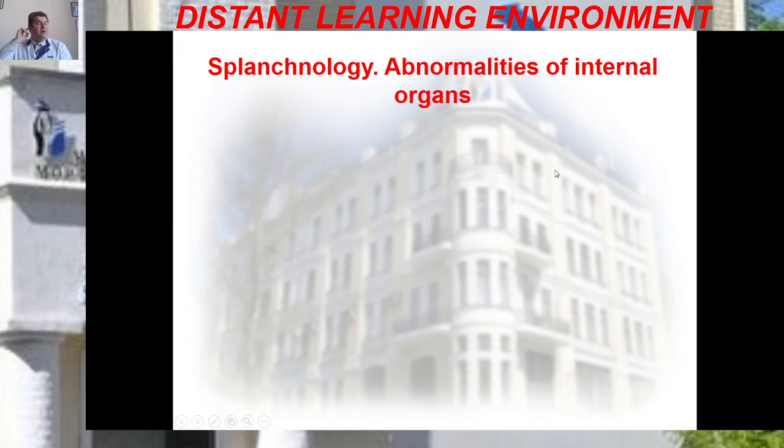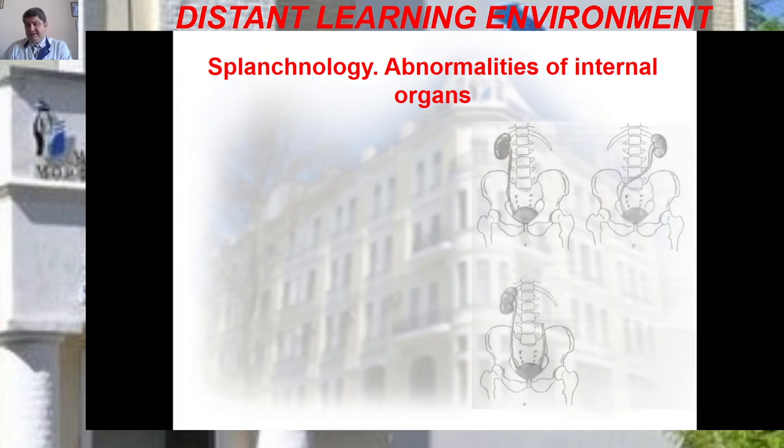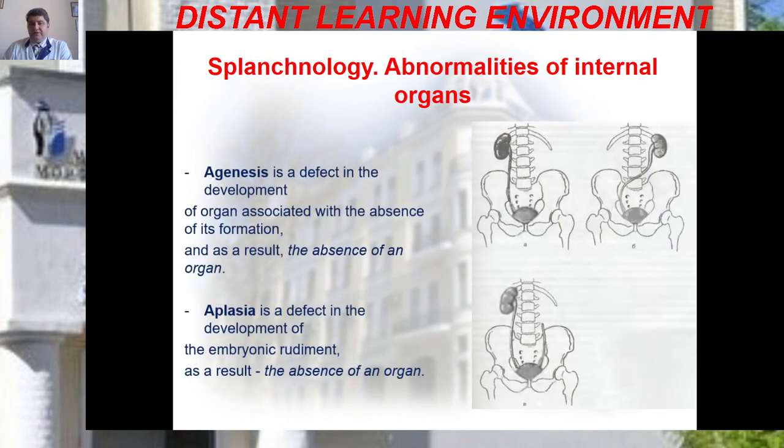Next, let's talk about terms of abnormalities of internal organs. So you may see two terms which mean the absence of an organ. The first term is agenesis.